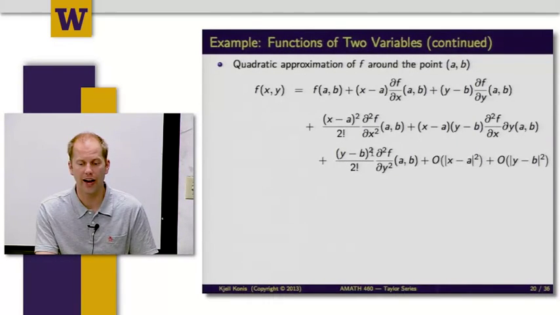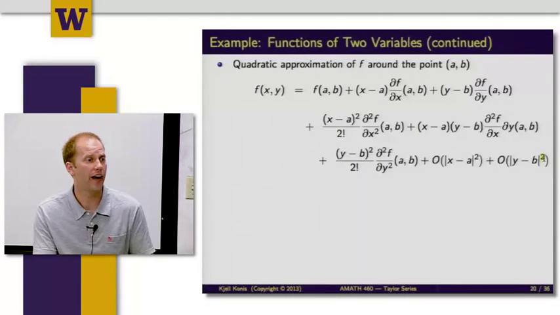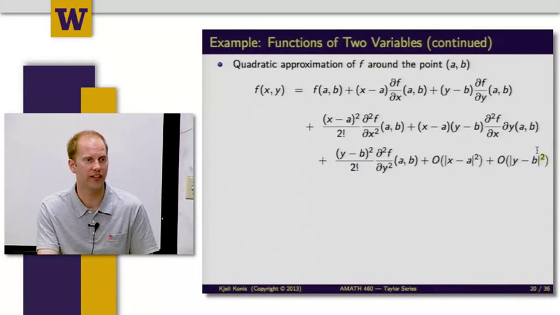And then finally, I have the y term, so (y minus b) squared divided by 2 factorial times the second partial derivative of f with respect to y, evaluated at the point (a, b). And then what's left over should be order x cubed terms. So as I've added one more term to my approximation, the error is now behaving as a cubic.